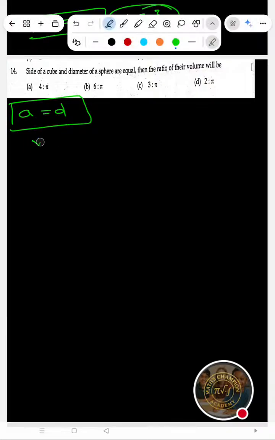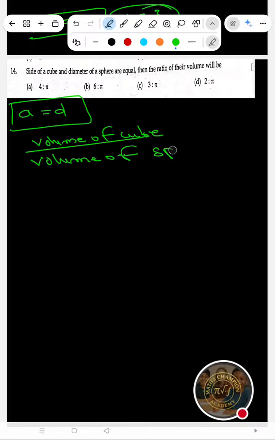ratio of volumes. So you have to find the volume of cube to volume of sphere. Volume of cube formula is a cube, and volume of sphere is pi by 6 d cube.